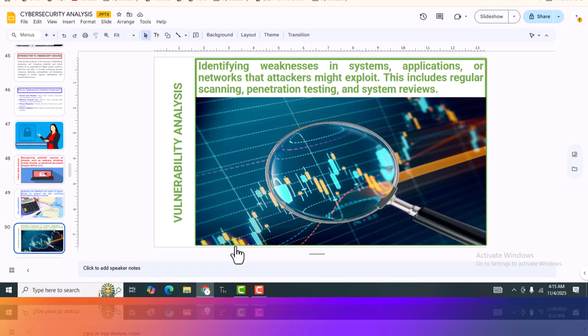The second one is vulnerability analysis. You can now check for weaknesses in the system, applications, and network that an attacker might exploit.